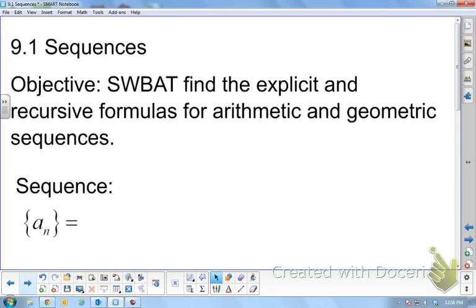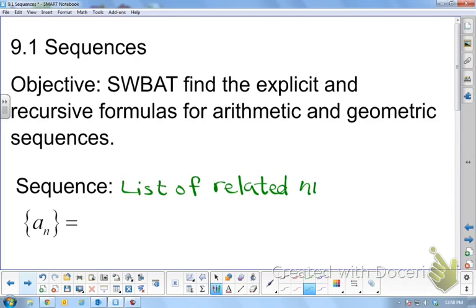When we say a sequence, it's just a list of related numbers. It's some sort of pattern that we have found. And notation-wise, you usually show a sequence as a sub n, where n is an integer.